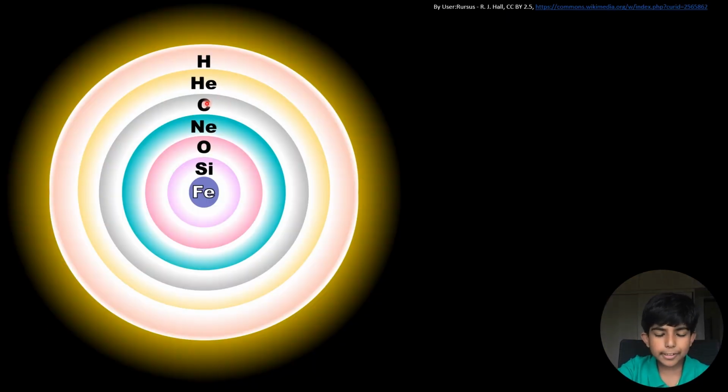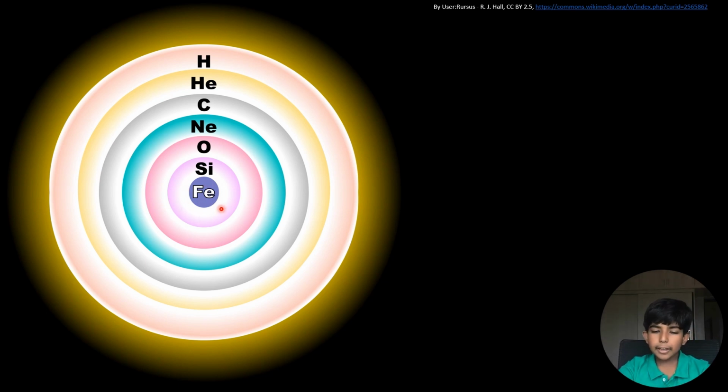So carbon fuses to form neon and oxygen, but neon fuses first before oxygen, which is why the neon shell is shown further out than oxygen in this infographic. And then oxygen fuses to form silicon, and silicon fuses to form iron.